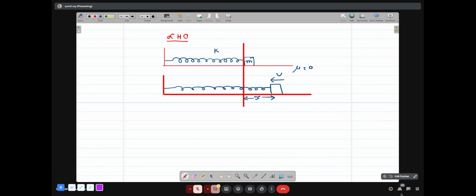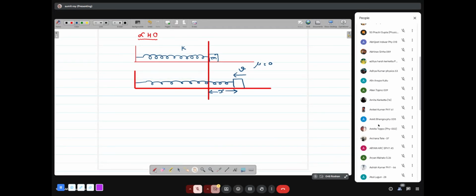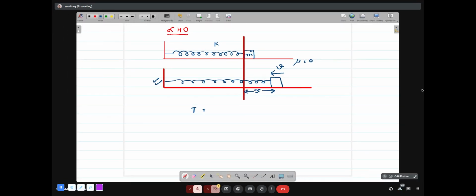Suppose it is returning towards the mean position with speed v. What is the kinetic energy of this system? Not the block, the spring mass system. What is the kinetic energy?